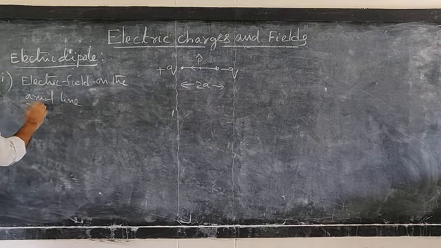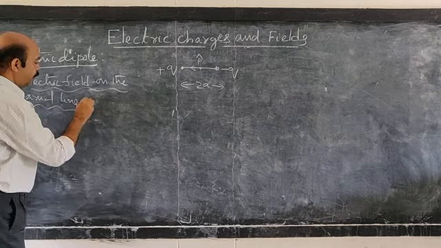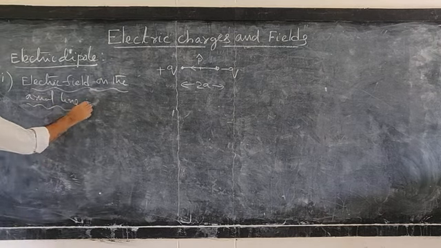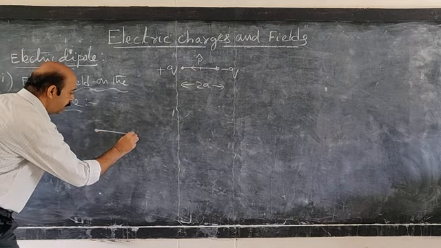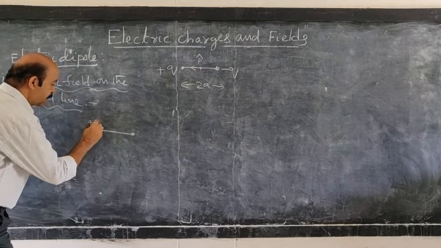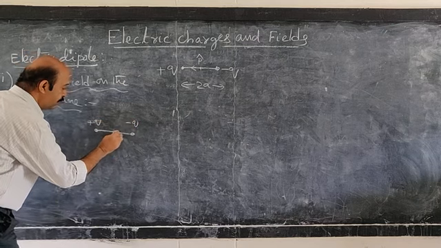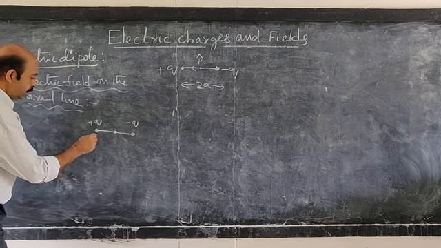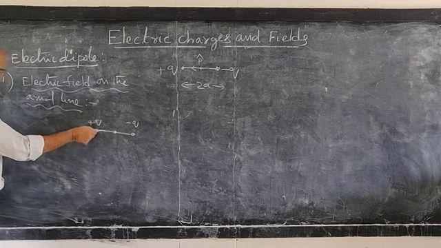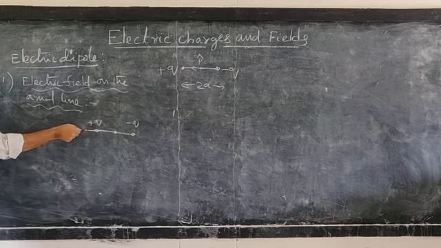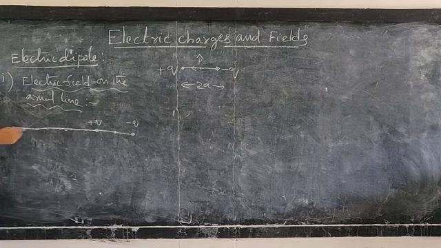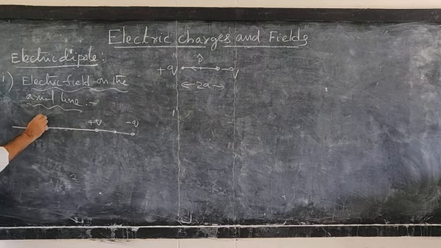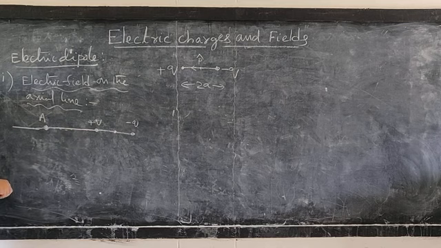Here, axial line means the line joining the center of the charges. So let us take a point. This is the dipole. This is plus q, this is minus q. Suppose this is the center, and now extend this line joining the axis like this. Consider a point here.